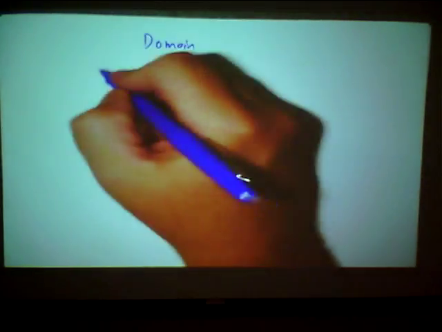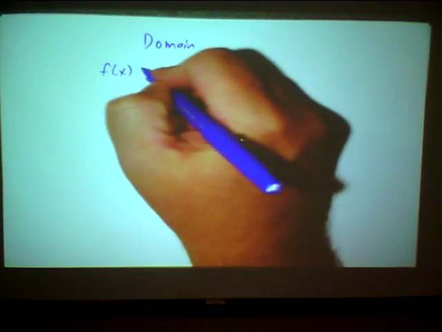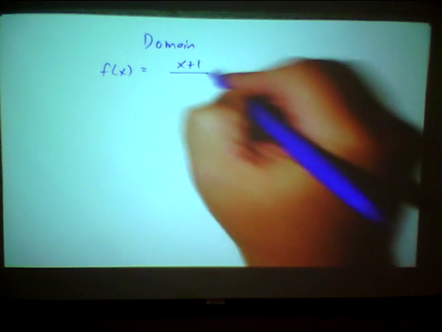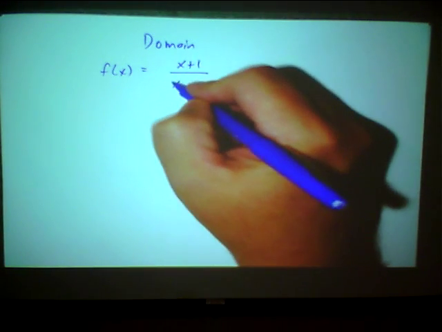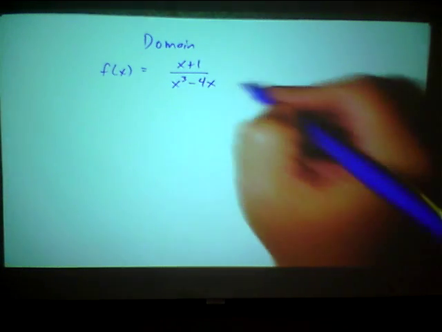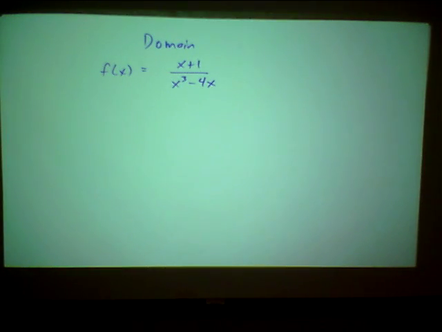So let's look at this function, x plus 1 over x cubed minus 4x. So this is a rational expression, and if I'm going to find the domain, I have to basically answer the question, what values of x make the denominator equal to 0?